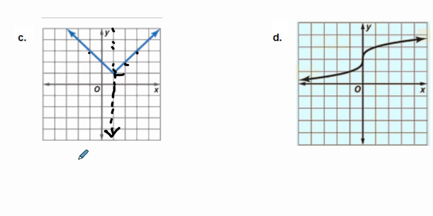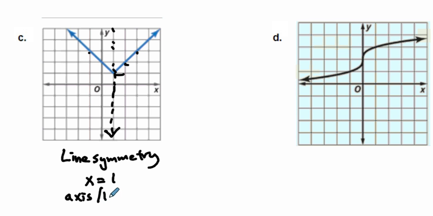And when we have that mirror image, that is when we say we have line symmetry. Okay? And that would be about the line x equals 1. And another name is either an axis or a line of reflection, because that's kind of what symmetry is. Symmetry is reflection, mirror reflection, mirror image.